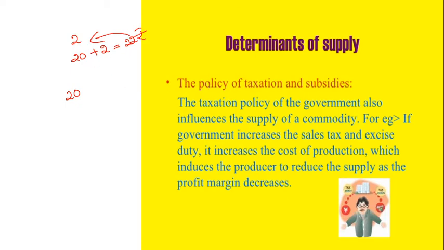The policy of taxation and subsidy. Here we are not taking care of subsidy, we are thinking only about taxation, how taxes are going to affect the supply. The taxation policy of the government also influences the supply of a commodity. For example, if the government increases the sales tax and excise duty, it increases the cost of production.